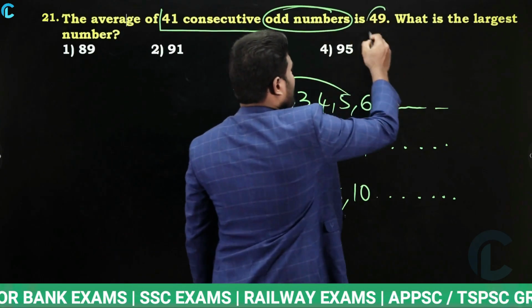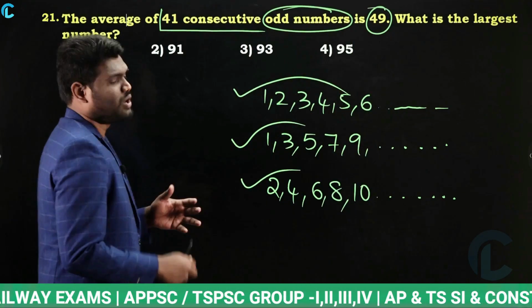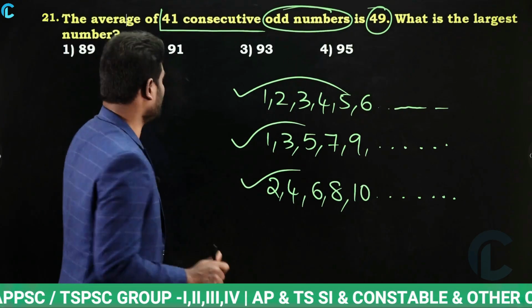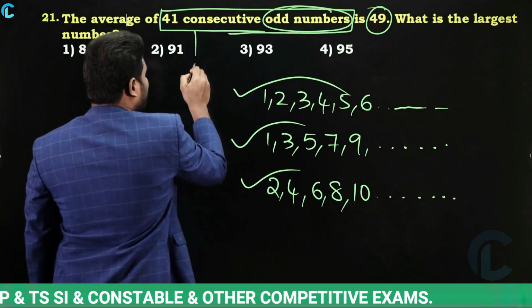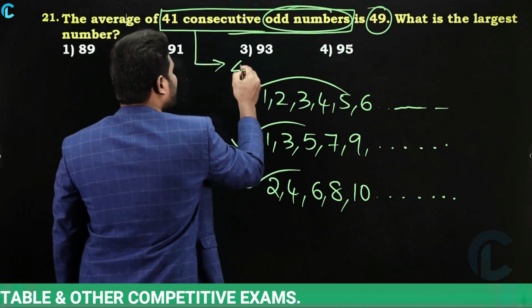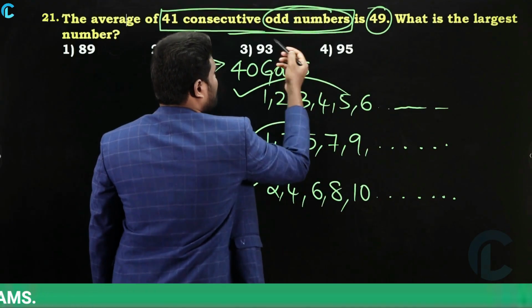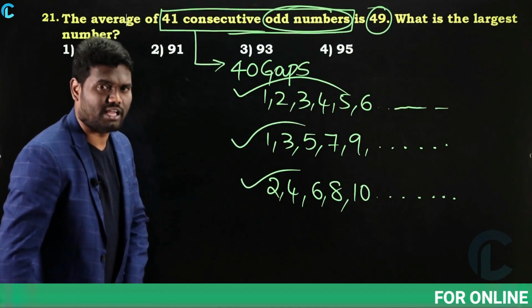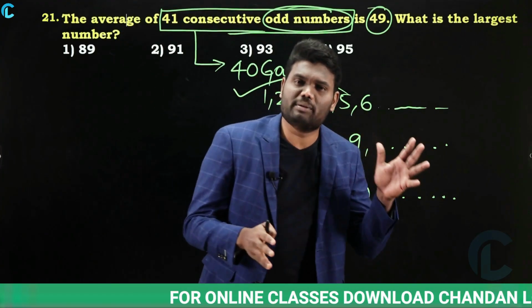49. Now you are asked to find the largest number. So what is the largest number? Very simple. Look here. For 41 numbers, the number of gaps is how many? The number of gaps is nothing but 40 gaps. As the number of gaps is 40, 20 gaps will be forward, 20 gaps will be backward.